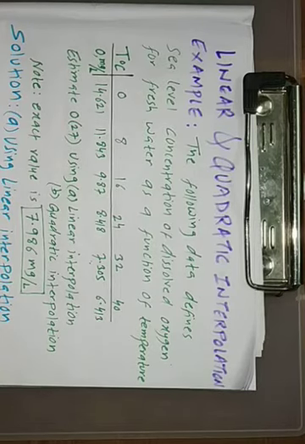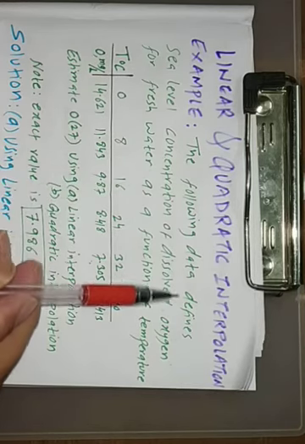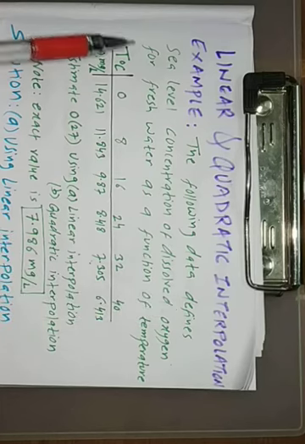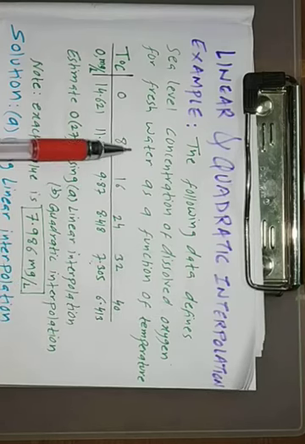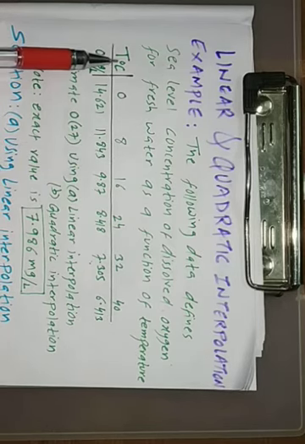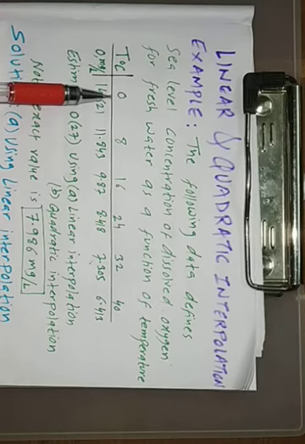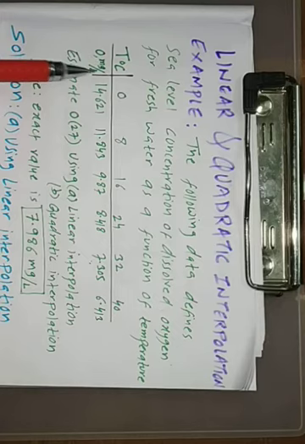Next we'll solve one interesting problem on linear and quadratic interpolation. So here the following data defines sea level concentration of dissolved oxygen for fresh water as a function of temperature. So here temperature is in degree centigrade and concentration of oxygen is in milligram per liter.